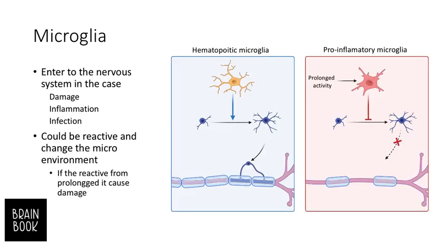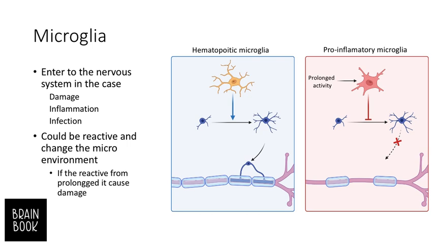Totally, the microglia, when they want to act, enter the nervous system when the nervous system faces damage, inflammation, or even infection. And they can change their form from inactive to reactive form. And when they become reactive, they can work efficiently and have an influence on our nervous system.